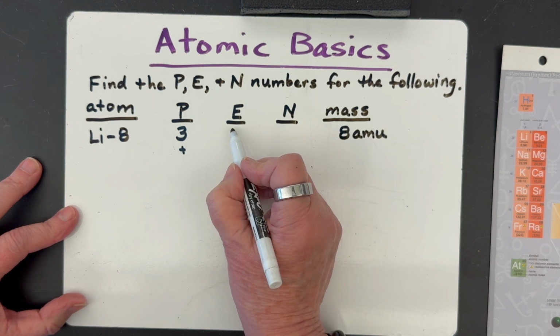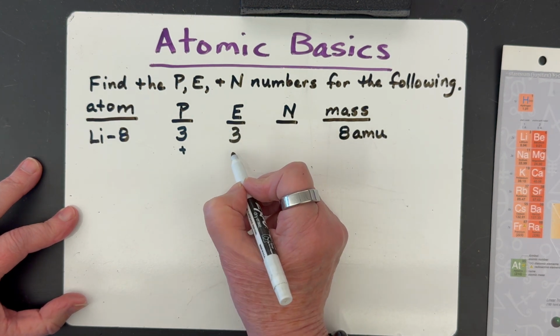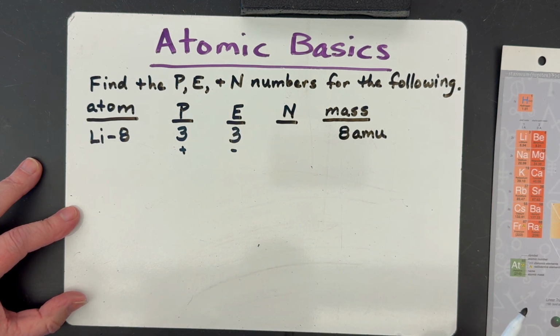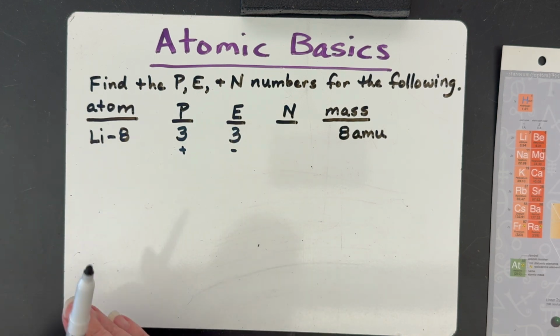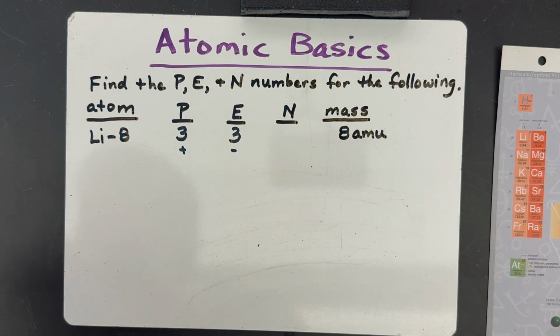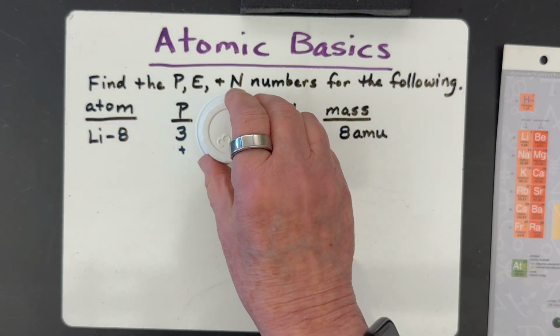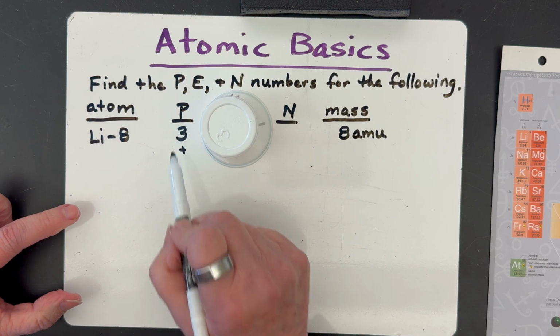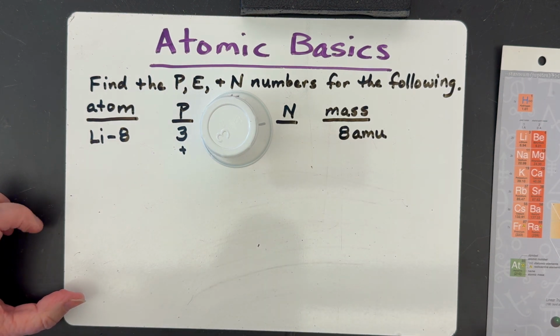Electrons are negative, so we're going to need 3 of them to balance out our 3 pluses. We need 3 minuses. Remember, electrons don't have mass, so we're going to cover those up. And we're just going to worry about mass and protons to find our neutrons.